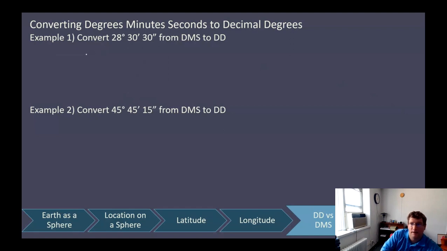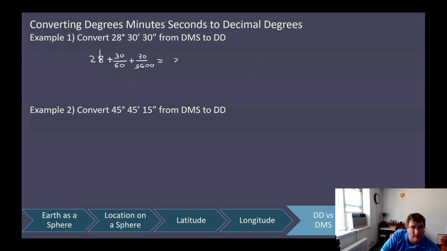For 28, 30, 30, we just pull down the whole number part, 28, plus 30 over 60, because there's 60 minutes in a degree and we have 30 minutes in this problem, plus 30 seconds over 3,600, because there's 3,600 seconds in a degree.